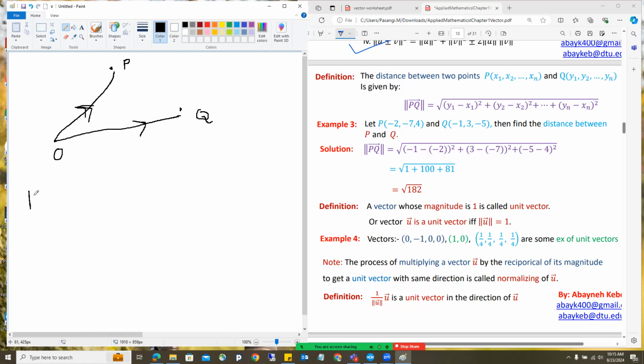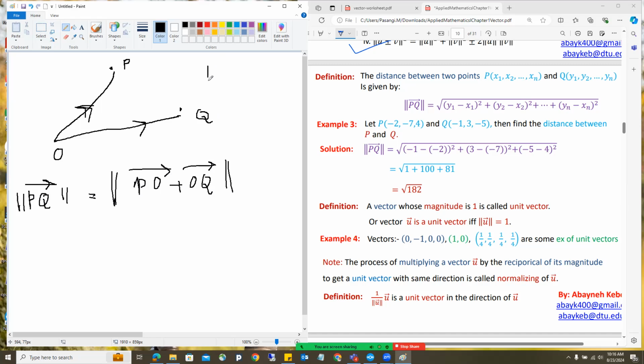If we wanted to find out the magnitude of this PQ, how are we going to find that? PQ vector means PO plus OQ.